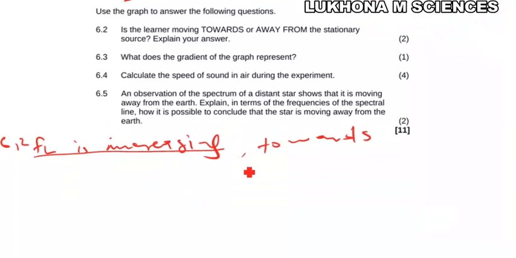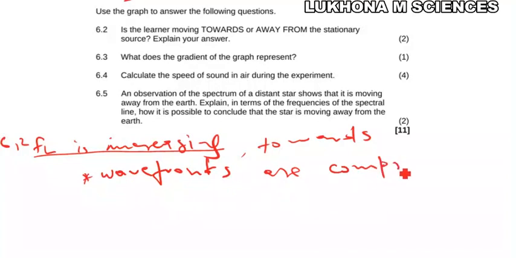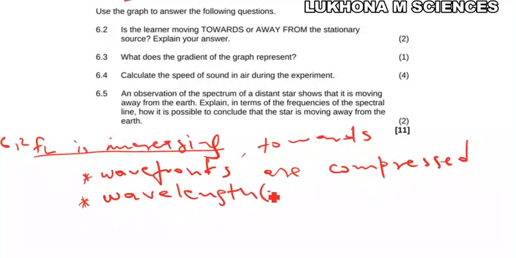Since it is moving towards, the wave fronts, bullet number 1, wave fronts are compressed. When the wave fronts are compressed, the wavelength, that is the lambda, becomes shorter.